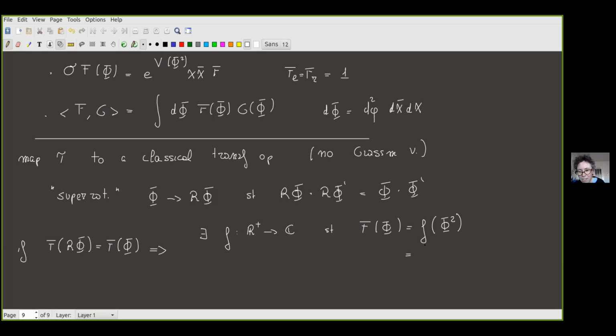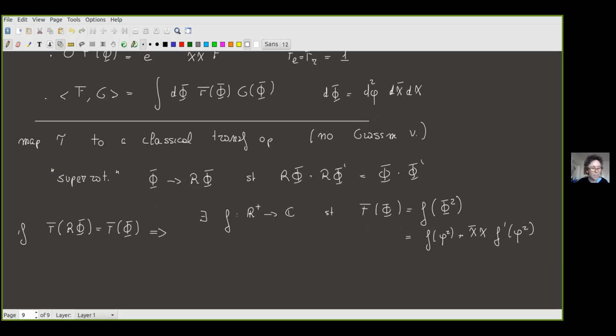And actually, if I write this explicitly, this is f of phi squared plus chi bar chi times the derivative of f computed in phi squared. So the function f must be at least differentiable. And second, we can take our transfer operator, calligraphic T, applied to capital F, and we can write this as an ordinary transfer operator applied to the function little f. And only at the end, we replace the argument of this function by phi squared.